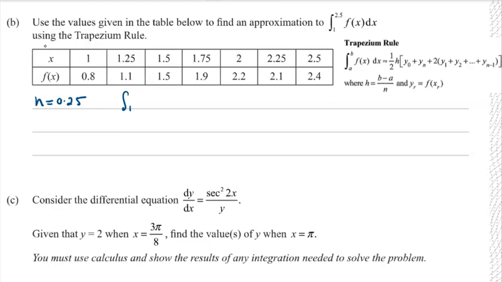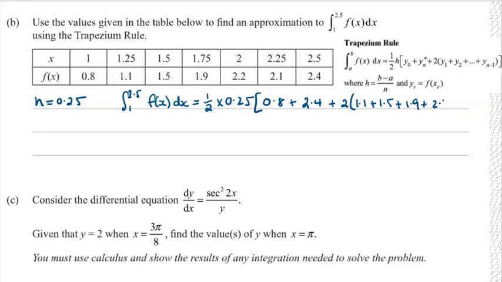So the integral 1 to 2.5 of f of x dx is going to be a half times 0.25 times by, so over here we've got the first y term, so that's 0.8, plus the last y term, 2.4, plus 2 times all of the others. And that comes to 2.6.